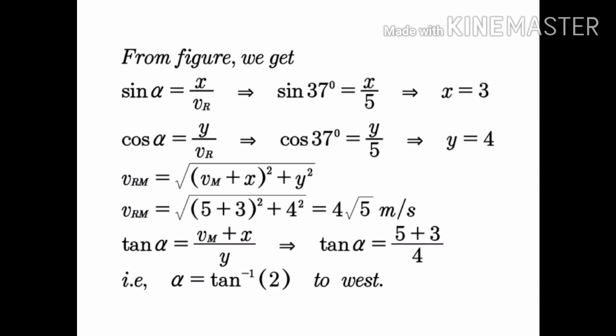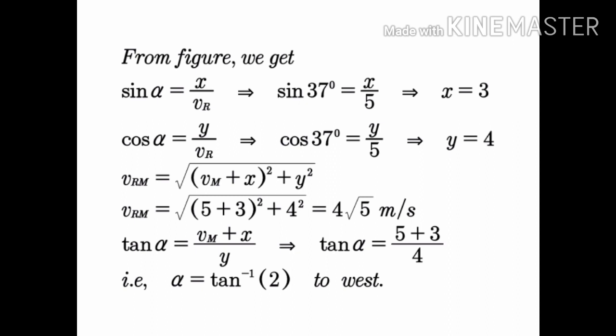In a similar way, cos alpha is equal to y by VR. That implies cos 37 degrees is equal to y by 5, so y is equal to 4. To find out VRM, we use the formula VRM is equal to root of (VM plus x) whole square plus y square.